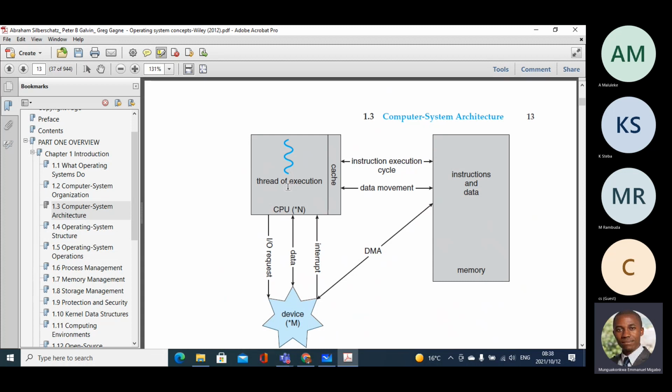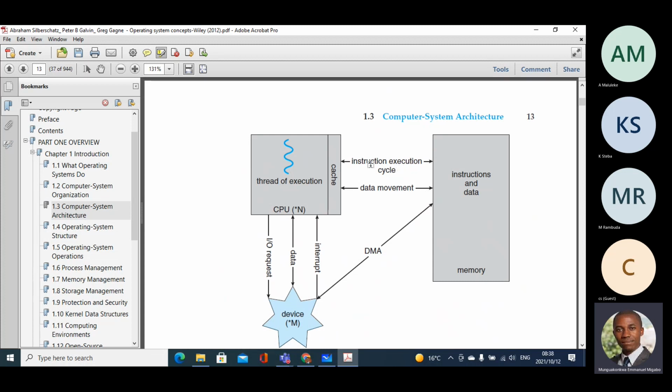When we go deeper in the module, we'll speak about processes, and we'll make a difference between processes and threads, because there is a nuance there. The CPU then can serve as a bridge for interaction between memory and the device, and that will be done by means of control signaling and data movement.